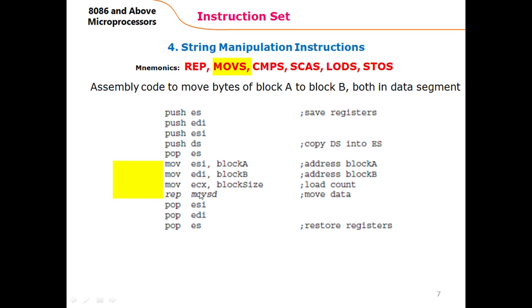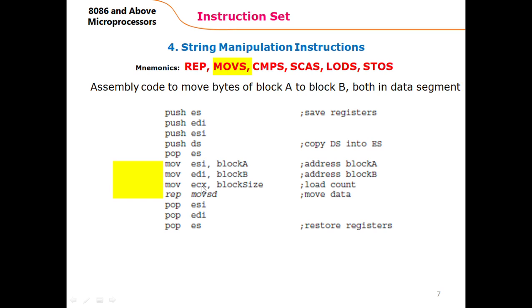And after that, the total number of bytes that we want to move is the block size. We want to transfer all the bytes of the block. So assume that is stored in the variable block size. So we just move this block size to the count register.